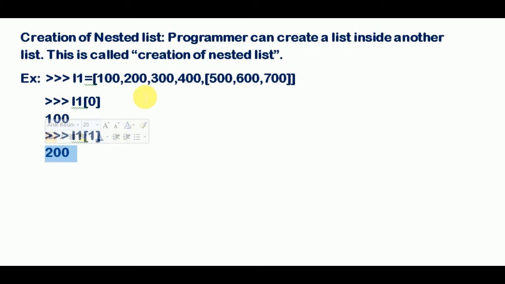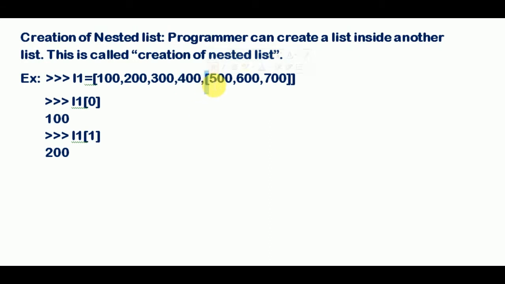That's why we have different index numbers, and on the third position we have 300, and on the fourth position we have 400.